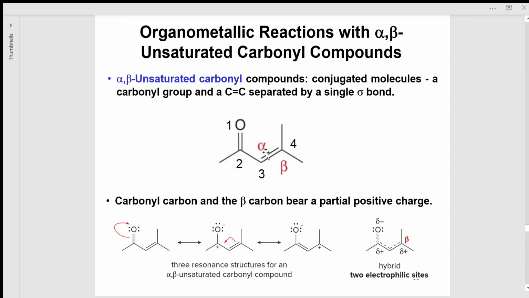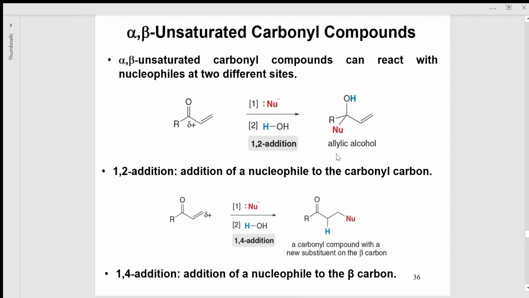But for an alpha beta unsaturated carbonyl compound, you have to treat it as a whole system, not only this carbon but also this carbon, because this carbon also bears a positive charge. Let's take a look at the reactions of this alpha beta unsaturated carbonyl compound.